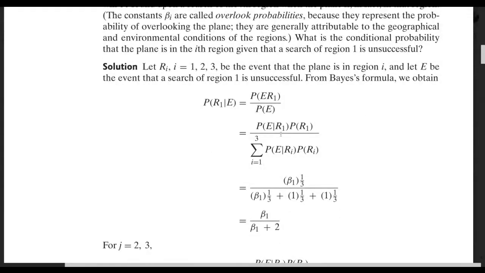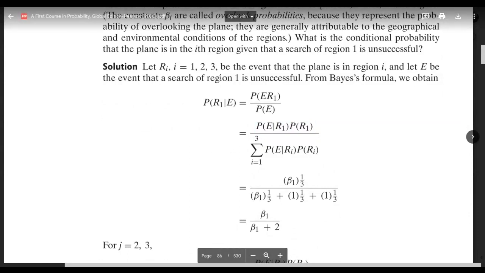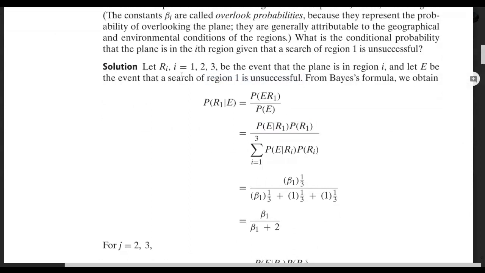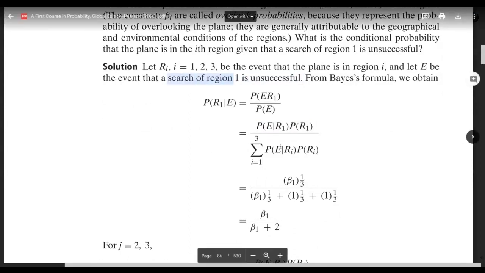So the first one, well, we have 3 regions, so each one is just 1/3, right? The probability of region 1 equals the probability of region 2 equals the probability of region 3, that's just 1/3. And in region 1, the event that the search in region 1 is unsuccessful.